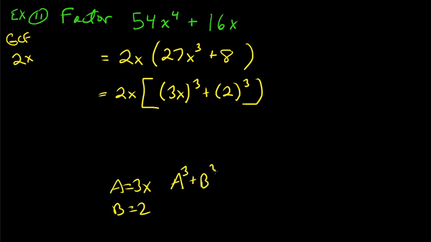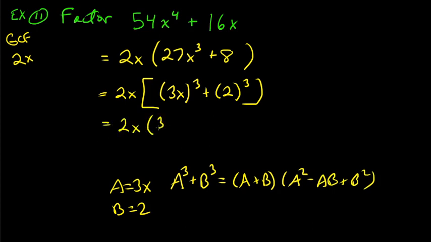This is a cubed plus b cubed, which remember is a plus b times a squared minus ab plus b squared. Okay. So a plus b is 3x plus 2, and then a squared is 9x squared minus ab, 6x, plus b squared, which is just 4.